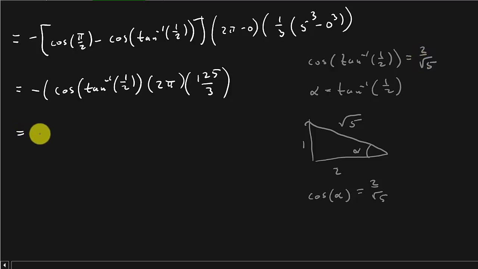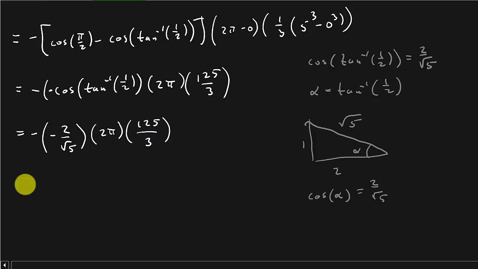So this tells us that this is equal to 2 over square root of 5. And so this is going to be, I about messed up, didn't I? You see that minus? I forgot to put that minus right there. My bad. And so this is going to be negative 2 over square root of 5 times 2 pi times 125 over 3. And so a negative and a negative make a positive.